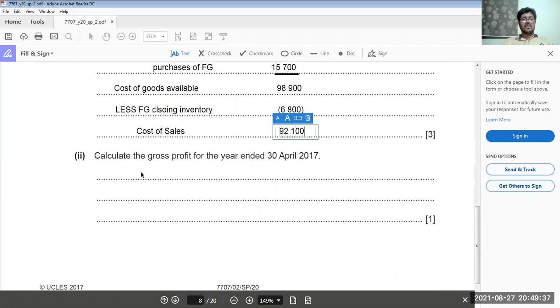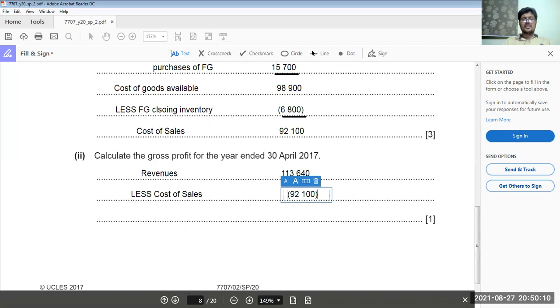Okay, now calculate the gross profit. Take the revenues. Revenues are given in the question, 113,640. 113,640 is the revenues less cost of sales, 92,100. Write it in brackets, 92,100.